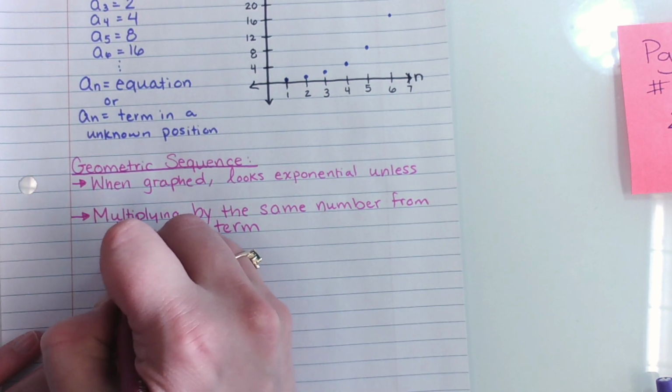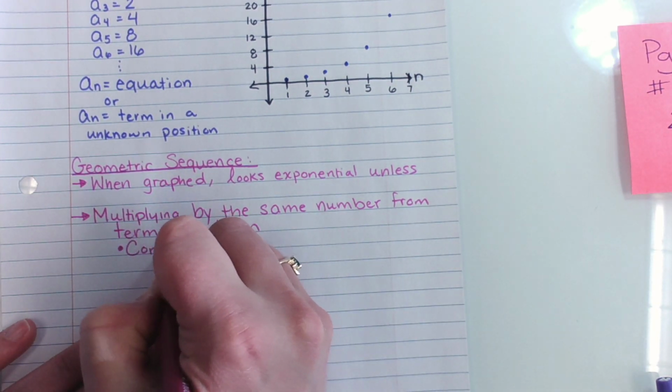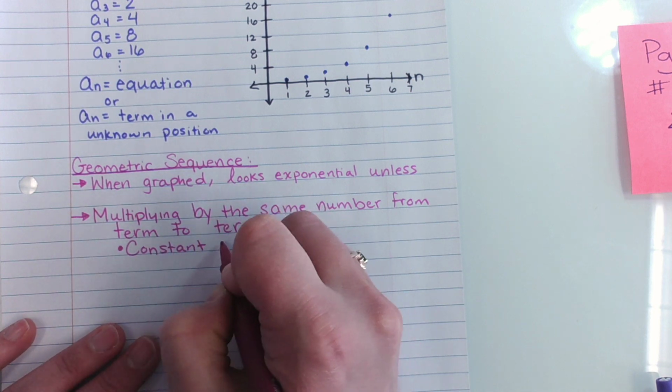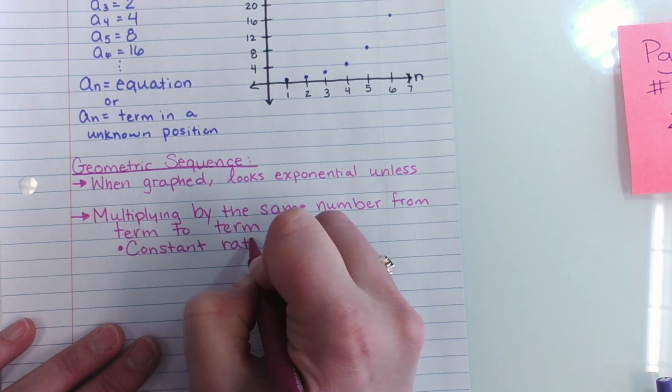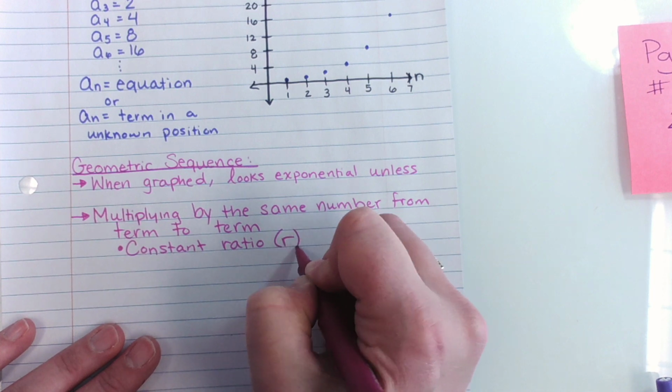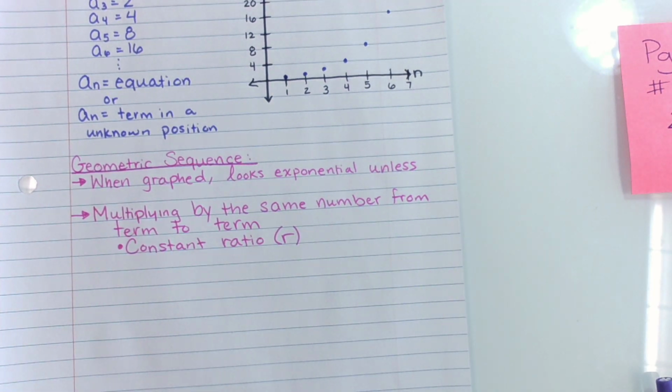This number we're multiplying by is called a constant or common ratio. It's given by the term R.